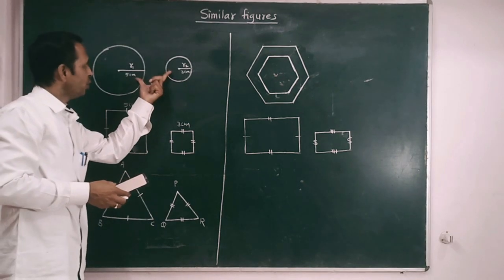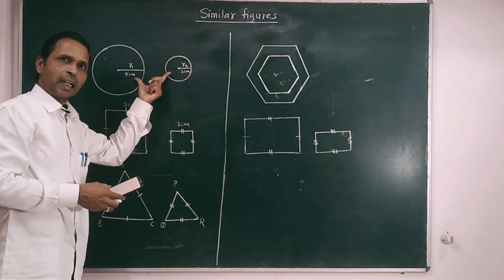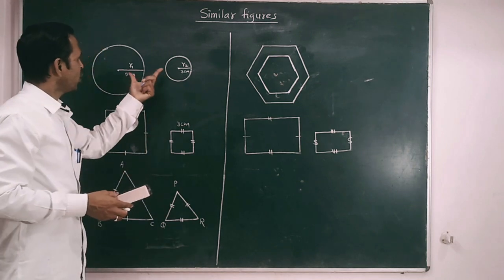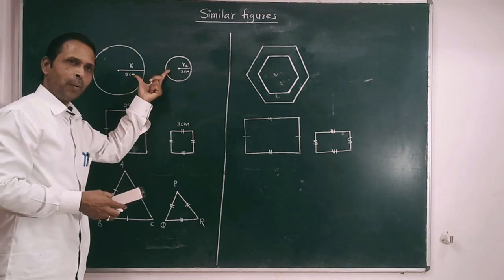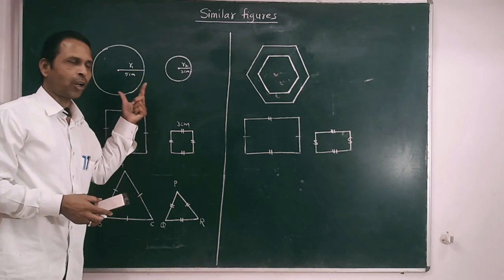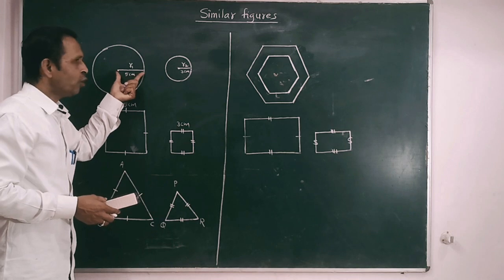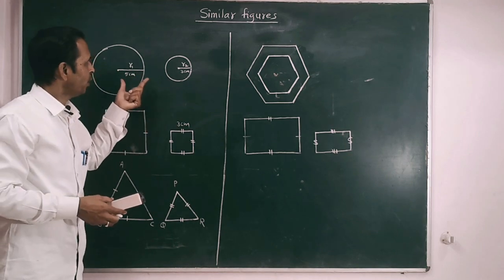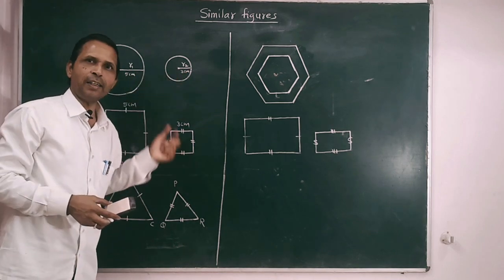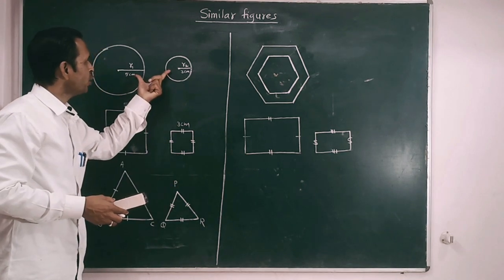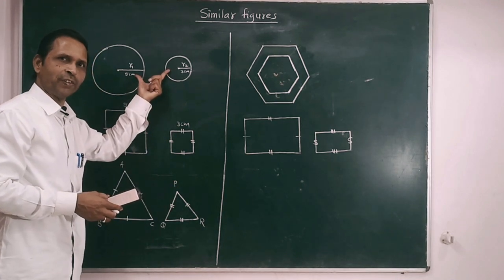See here, this is a circle. Circle is one of the shapes, and that's why the shape is the same but the size is different. For the circle, the size is determined with respect to the radius, and that's why these two are similar figures of circle.